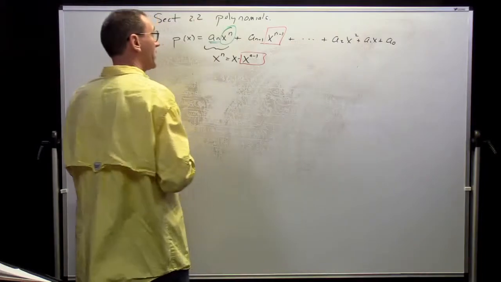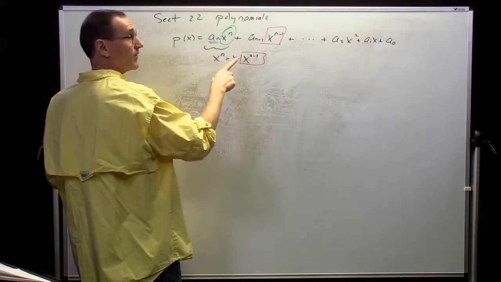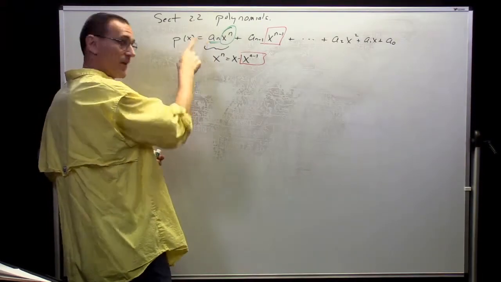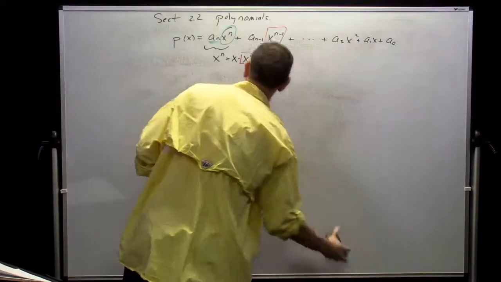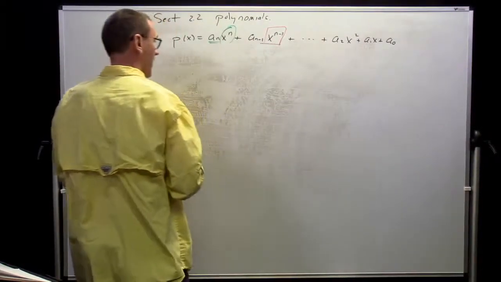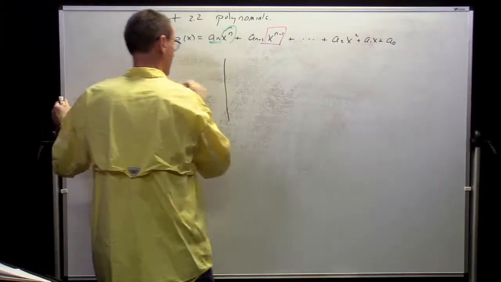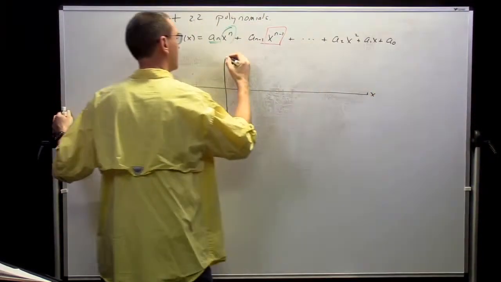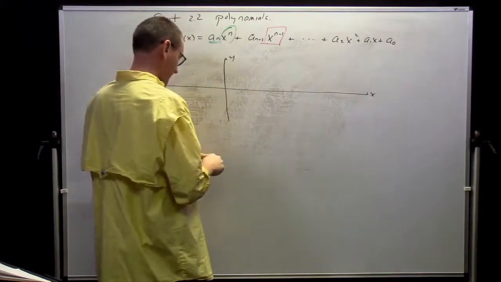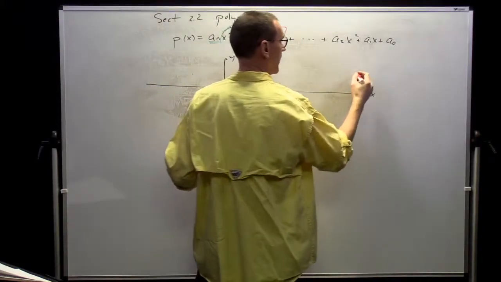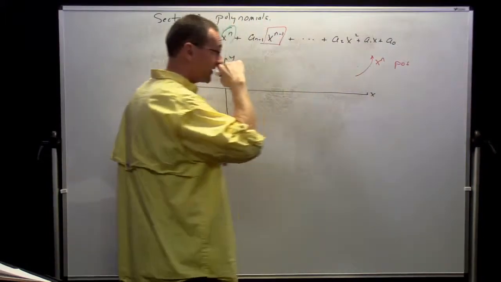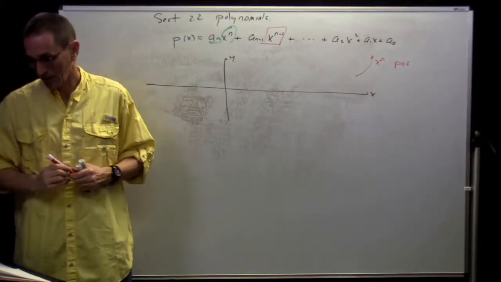So what's going to matter here, if x is positive and x is really big, this is always going to be positive. So whether this is positive or negative is what's going to matter. So in terms of the graph of this thing, if x is way, way out here, then x to the n is going to be really, really big, like that.